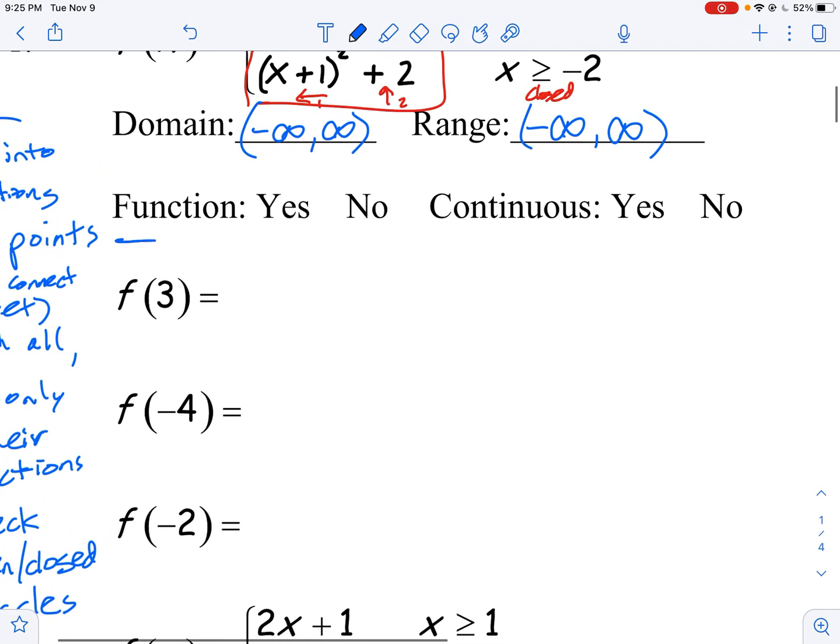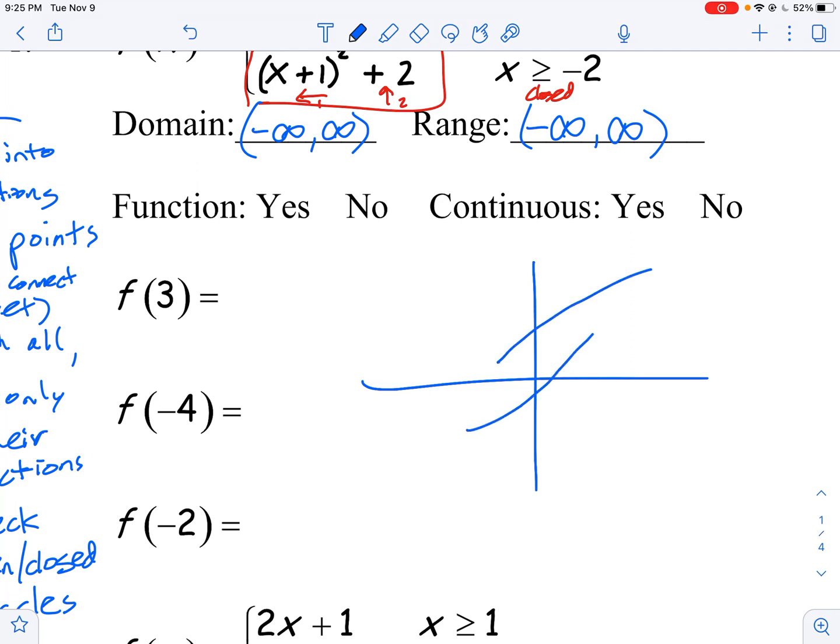Next question is, is it a function? So remember, the definition of function is each x only leads to one y value. If for some reason you have an x value that has multiple y's, then it's not a function anymore. And that happens if you, for some reason, have a graph that has overlap. So let's say we had these two square root looking things.